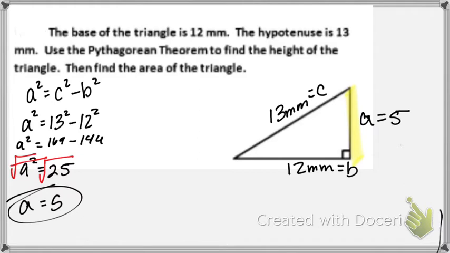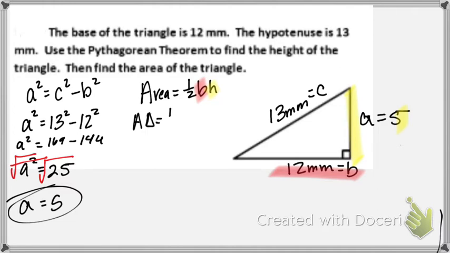Okay, so for the area, we know the area of a triangle is equal to 1/2 the base times the height. Base here is B. That's just a coincidence that B was the bottom. It's not always going to be like that. The height is obviously the 5 that we found. So let's go ahead and put those into our area of our triangle.